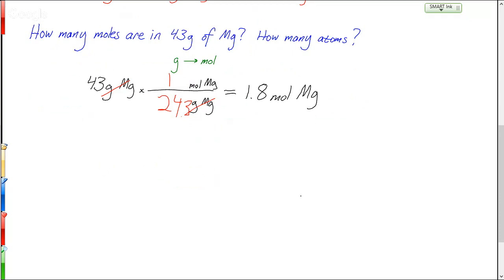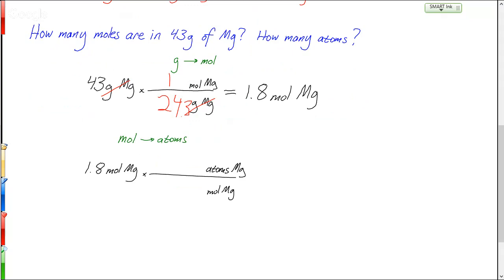So to get the individual atoms, we want to convert from moles to individual atoms. So that's going to be 1.8 moles. Then we've got to convert from moles of magnesium to individual atoms.